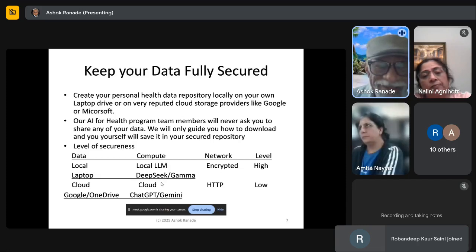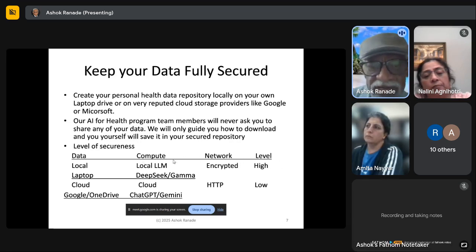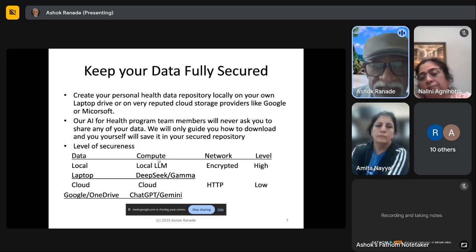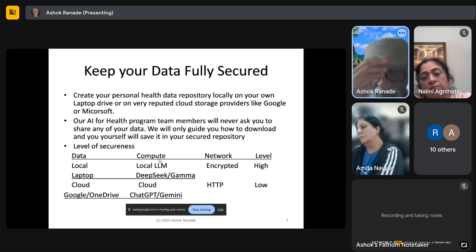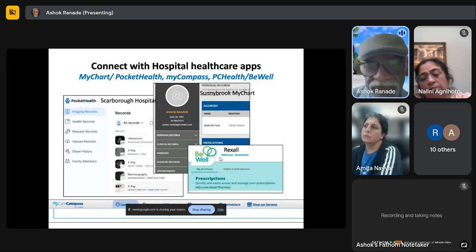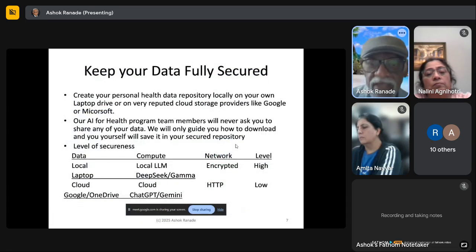If you want something very secured, security gets built in three different areas. The first is the data part. Second is the compute, where your AI engine is going to run. And the network part, which is how the data gets transferred from one place to another.